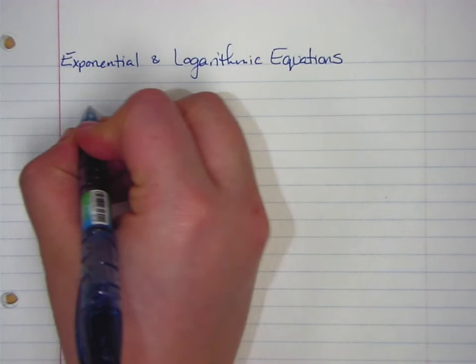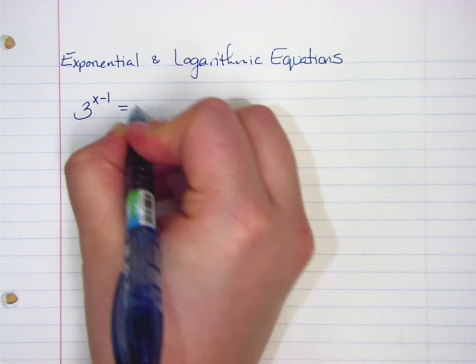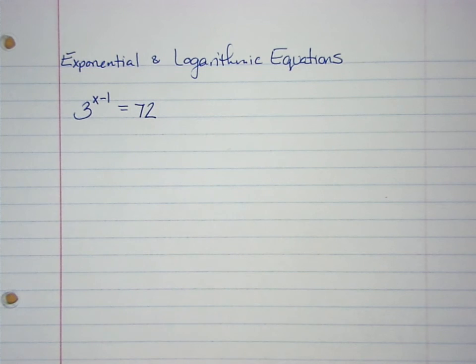So for example, if we have an exponential equation like this, we can't solve for x until it's down on even ground with all the other numbers. And one of the properties of logarithms that we learned about is the power property of logarithms, and that would allow us to pull that exponent down in front to be a coefficient.